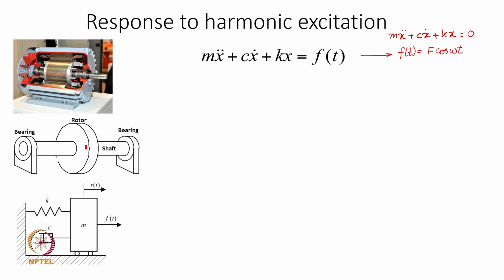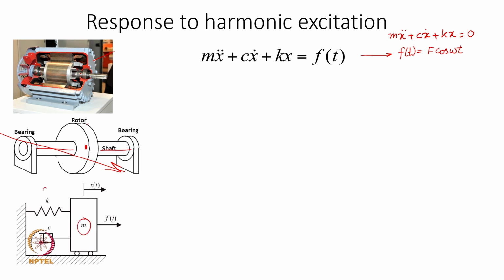Now, the examples are like an electric motor spinning at a certain speed supported on bearings, and we discussed this example, which can be modeled in a simple fashion as a flexible shaft and a rigid rotor, a disc at the center of the span, with the bearings offering simple support, which itself can be modeled like a spring mass system. If we consider the vibration in the horizontal plane, then because of the stiffness of the shaft, the disc can be assumed to be a lumped mass here.